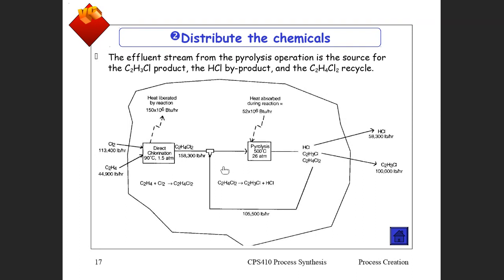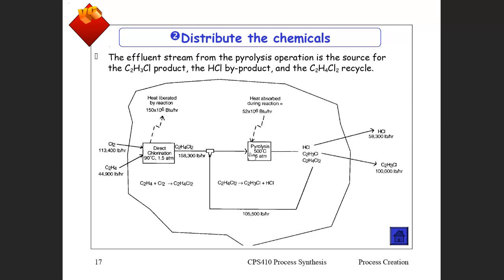And really, the calculation you must do here is, how much must I make so that I can make my 100,000 pounds per hour of this vinyl chloride monomer?